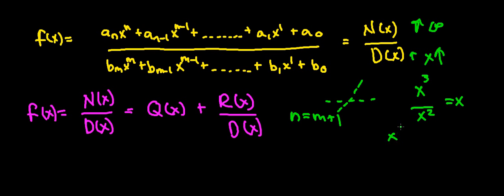And if we had an x to the 5th, then we'd be dividing by an x to the 4th, and we would still get an x. So you can see where we are going with this. When we divide something that's one power less, we're going to get a linear function, always.